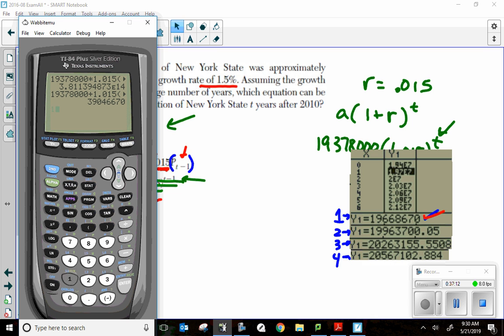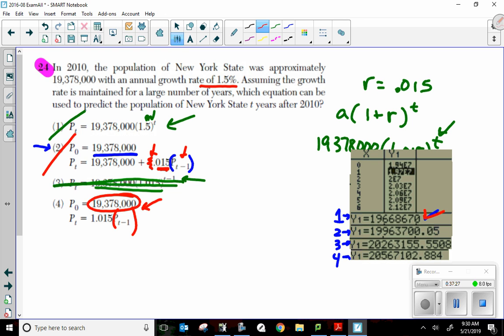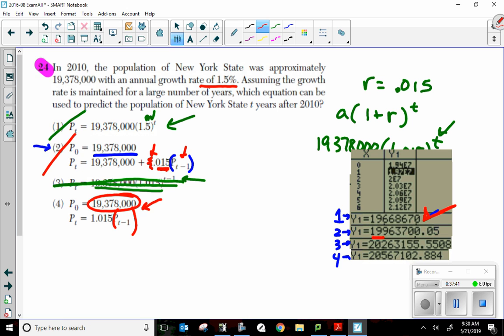Let's take 19,378,000 times 1.015. This should be my second one. 19,668,670. Good, that works. Let's do it again. Let's multiply that times 1.015. 19,963,700.